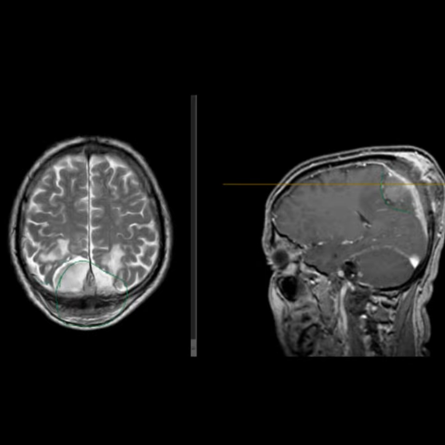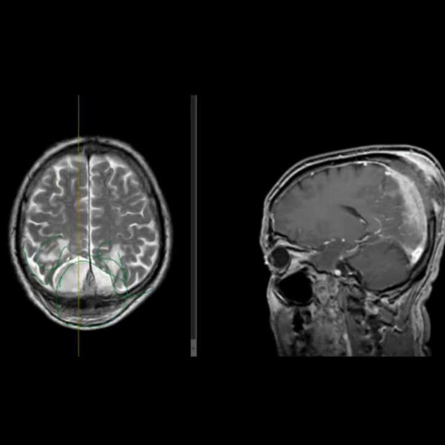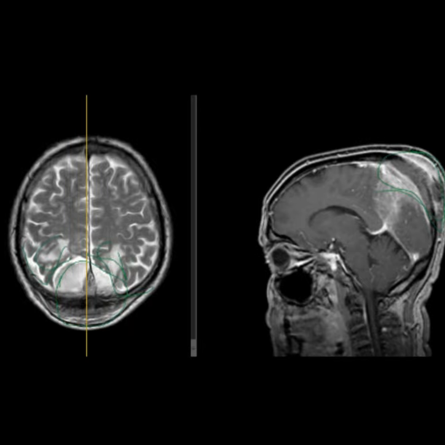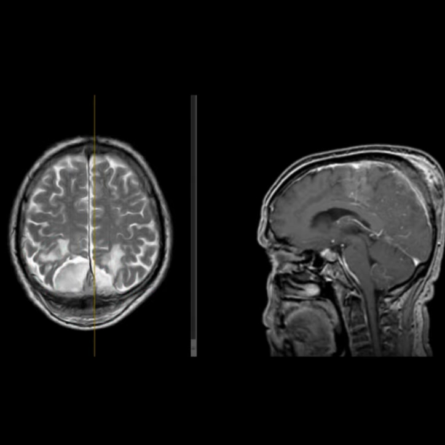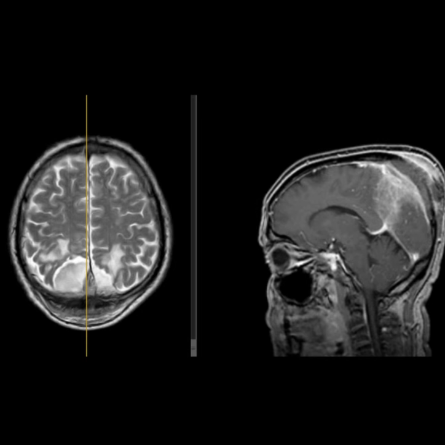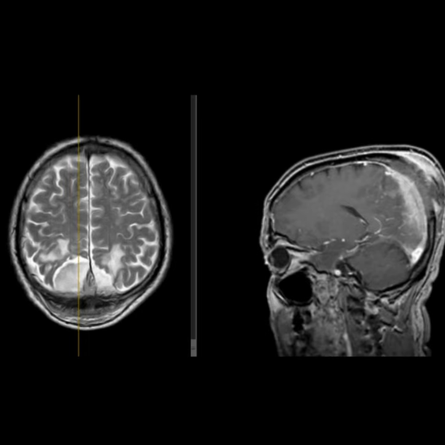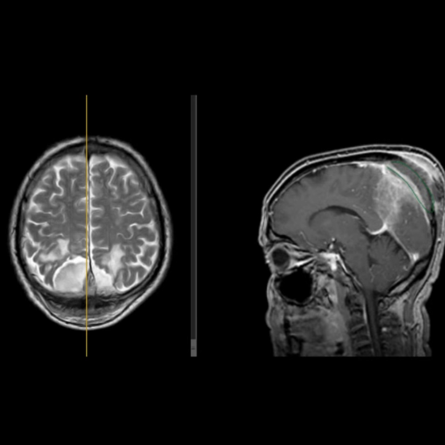It's causing mass effect on the adjacent brain parenchyma with vasogenic edema here and there. And after a contrast injection, we can see that the lesion is showing diffuse heterogeneous post-contrast enhancement, and the involved part of the bone is also showing post-contrast enhancement. So what's your diagnosis or differential diagnosis?